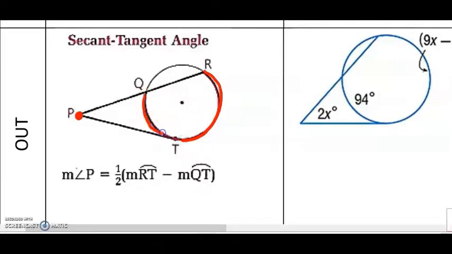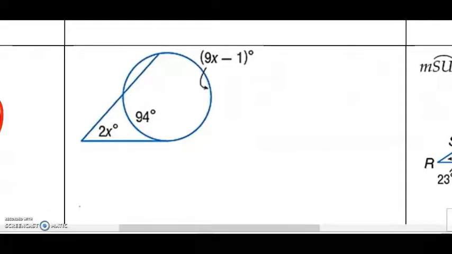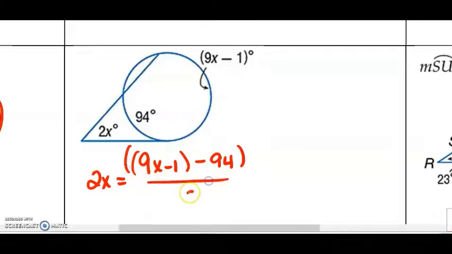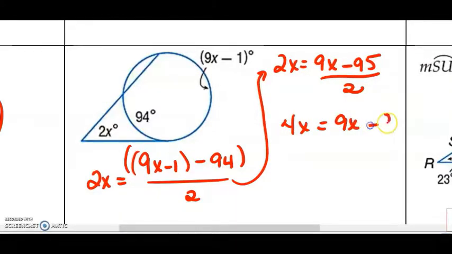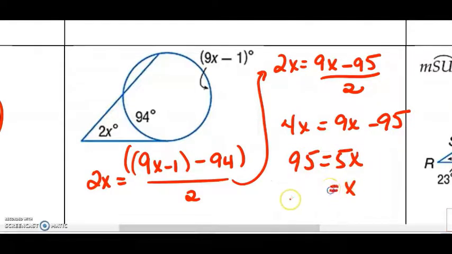Arc minus arc divided by 2. So the angle 2x is equal to 9x minus 1 minus 94 divided by 2. Five goes into 9 once. We have 4 left over. X is 19.